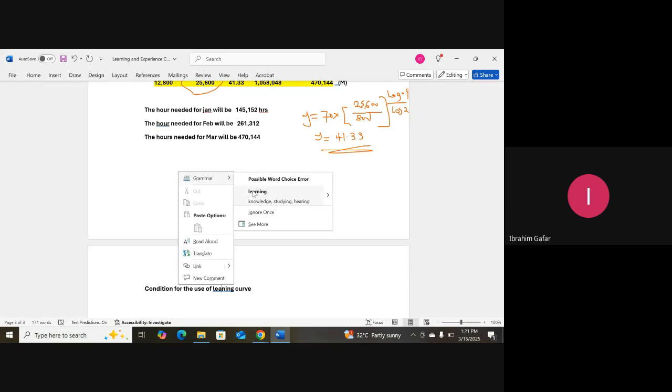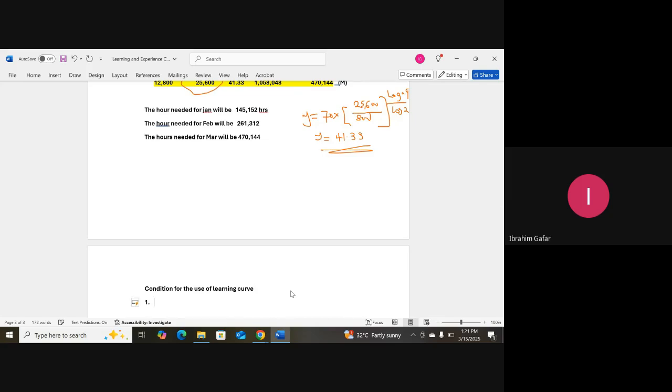Number one condition for the use of the learning curve is that the production should be labor intensive. That's number one condition. The production should be what? Labor intensive.